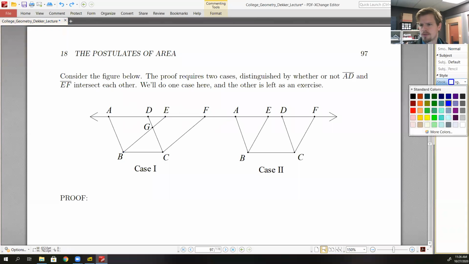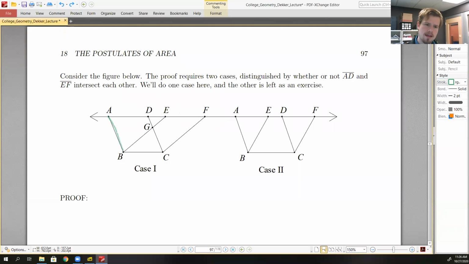So the parallelograms that we're looking at here are A, B, C, D, and B, E, F, C.